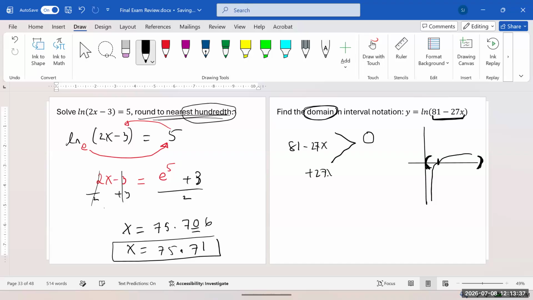And then we add 27x to both sides. So 81 must be bigger than 27x. We divide by 27. Can we divide 81 by 27? 81 divided by 27 is 3.